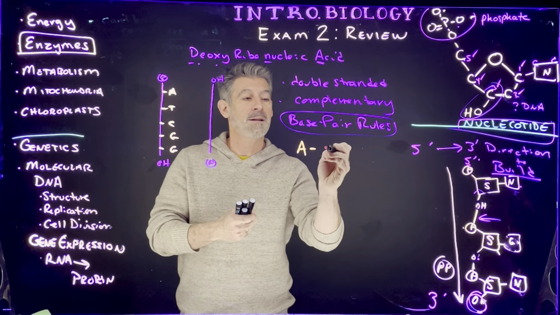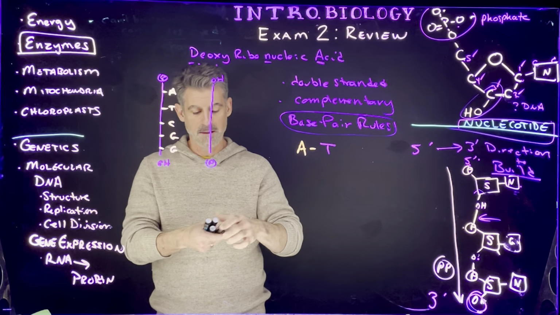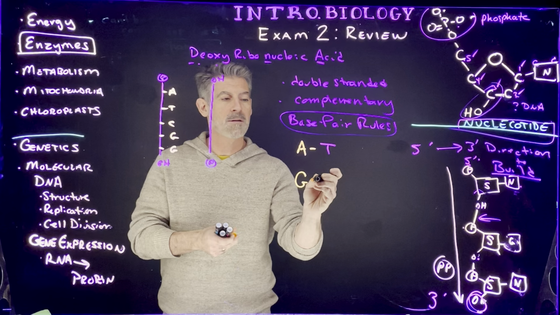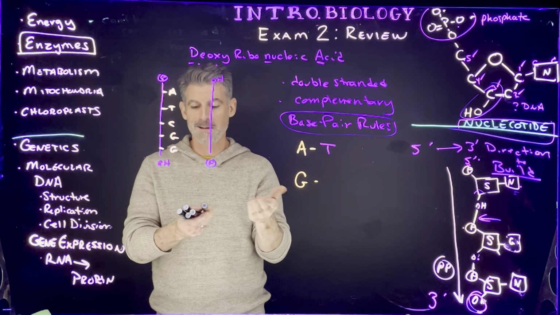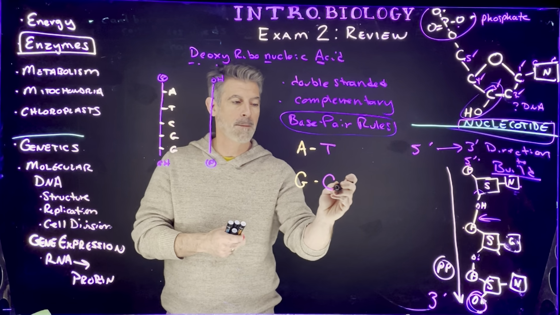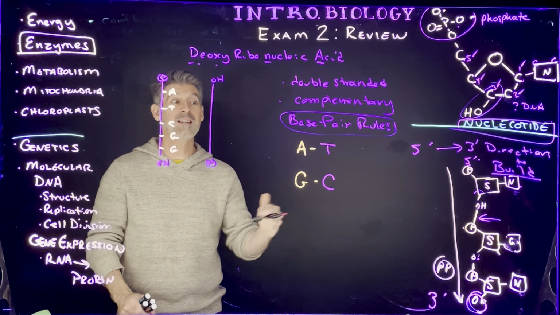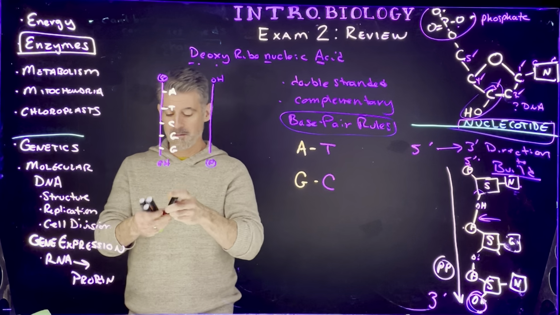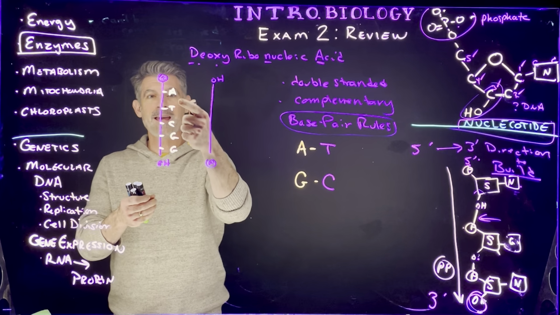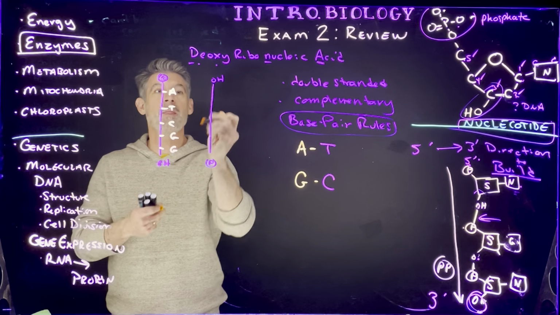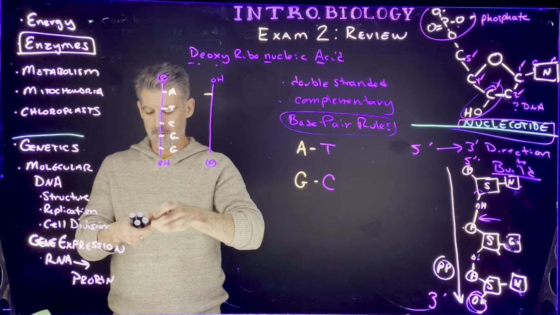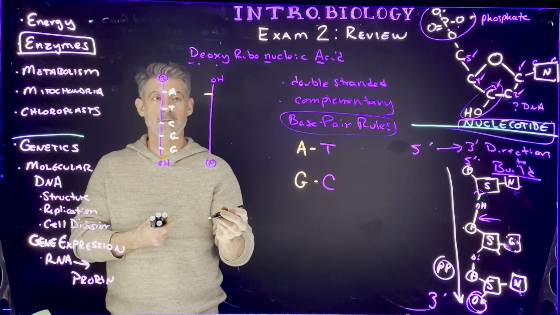A's pair with T's. And then G's pair with, well, all we're missing is the other one, the C, like that. So A's with T's, G's with C's. That means if this strand says A, T, C, G, G, we know the code of the other strand.